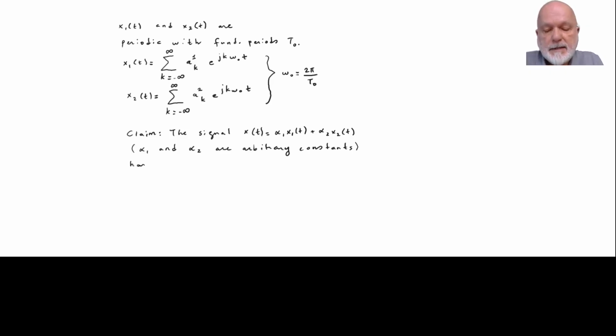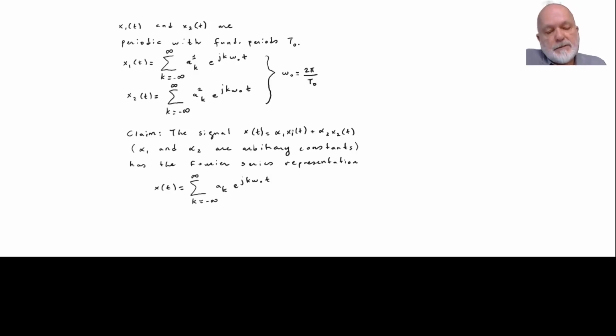has the Fourier series representation x of t equal to the sum over k from minus infinity to plus infinity, ak e to j k omega 0 t.